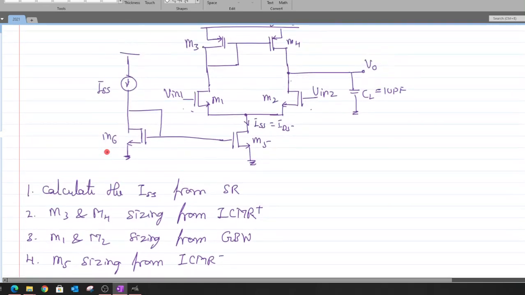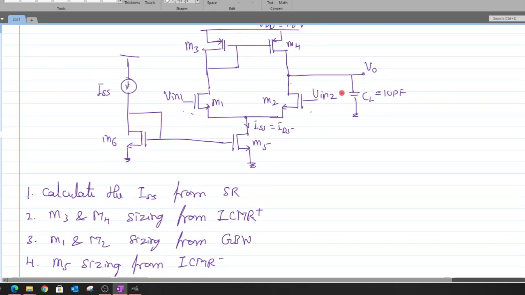While there is slewing, the current that flows through the capacitor, either inward or outward depending on the type of step input that I apply between the differential input pair, defines a current flow, and that current flow would then be equal to ISS.